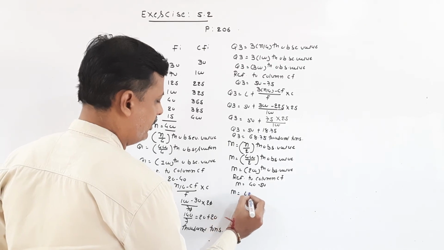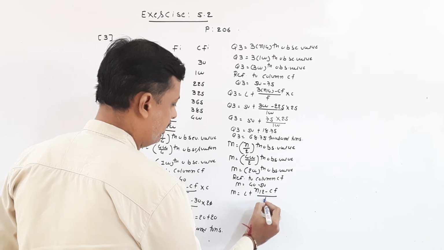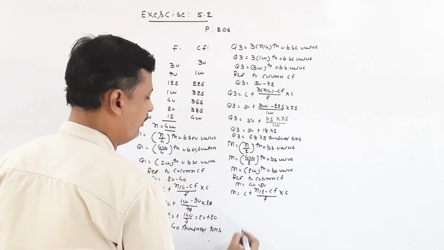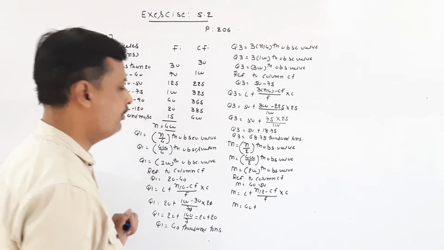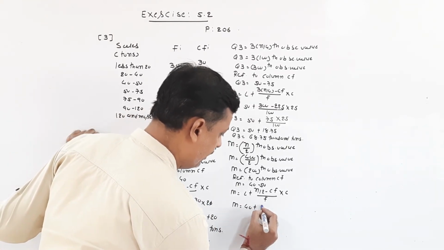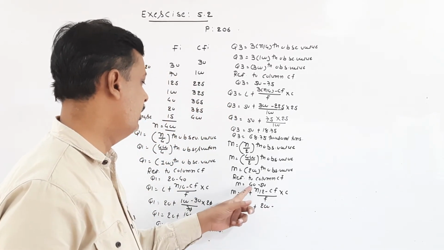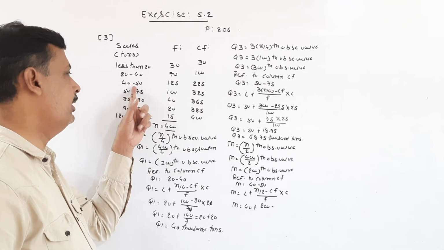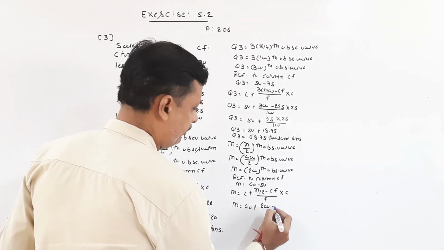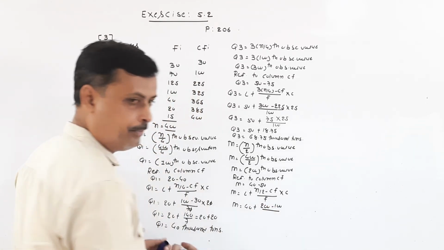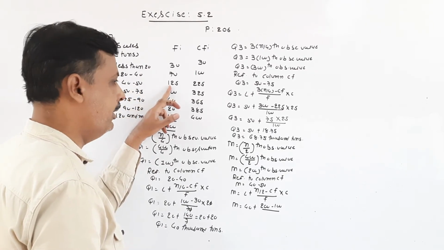M is equal to L plus n by 2 minus CF upon F into C. L for lower limit 40. n by 2 200. CF median class 40 to 50. Prior class CF 100. F for frequency 40 to 50.